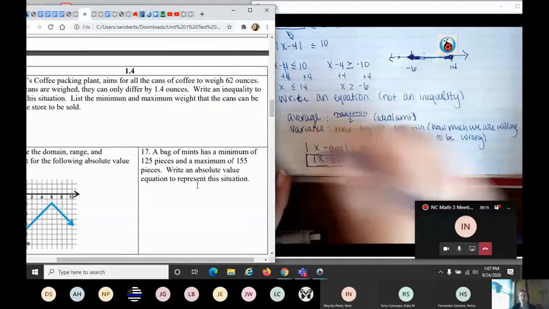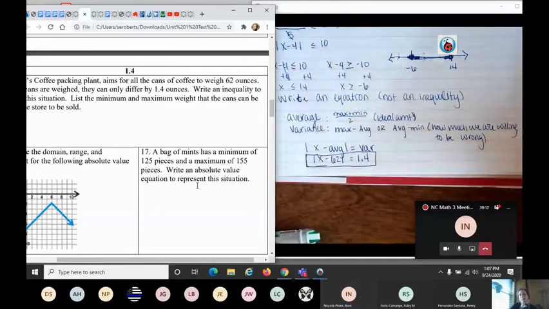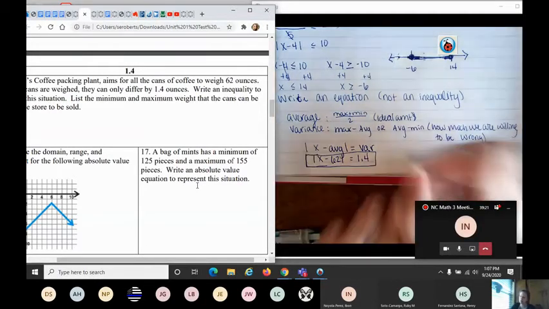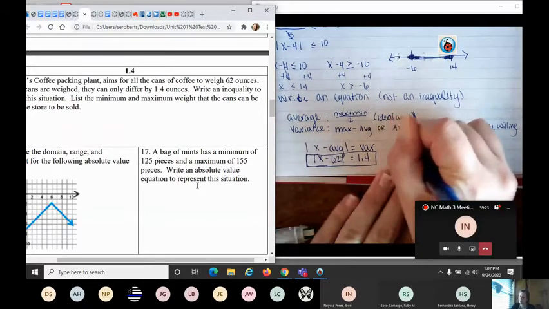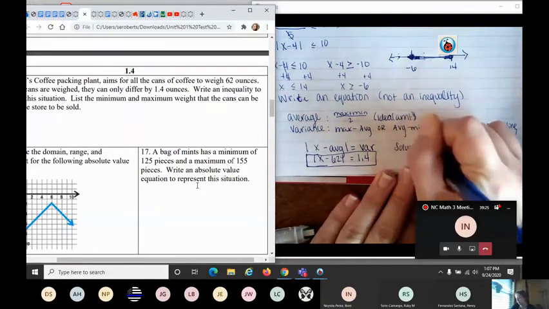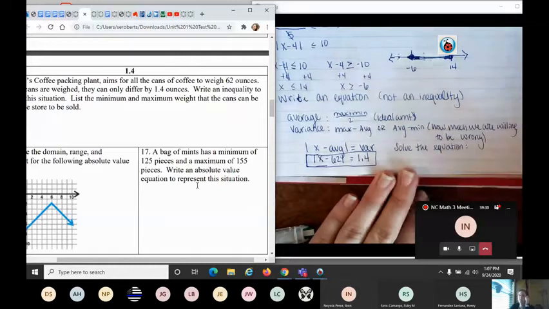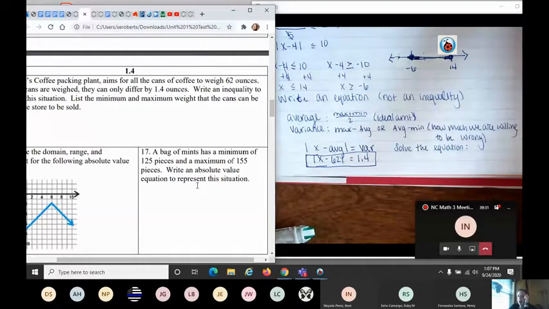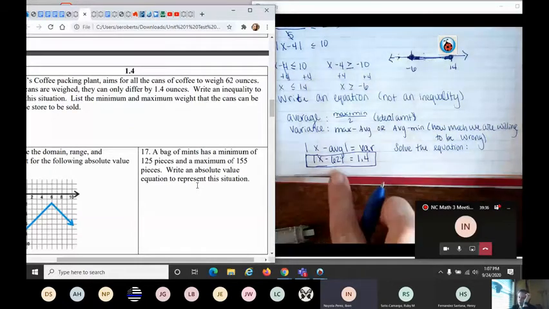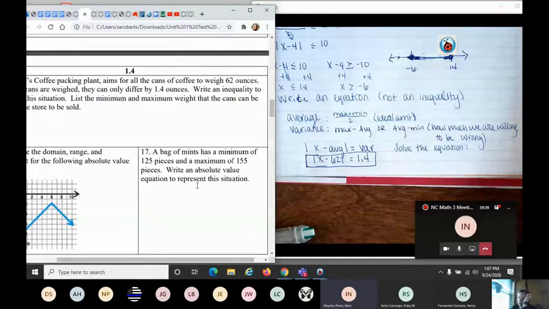Okay, and then it asks us to list the maximum and minimum weight the cans can be. To do this, we solve the equation. So to solve an absolute value equation, Yvonne, what two equations am I going to split this one into? You remember?